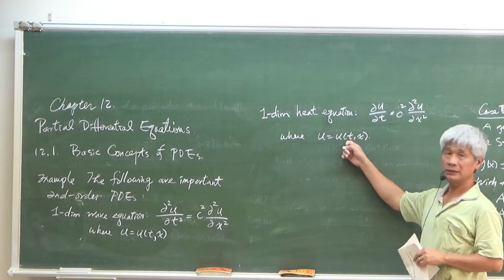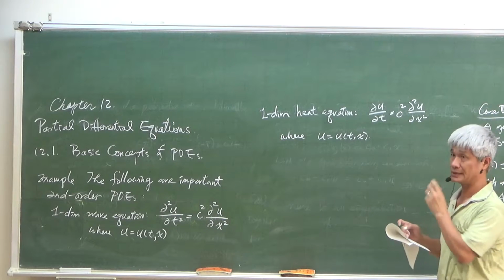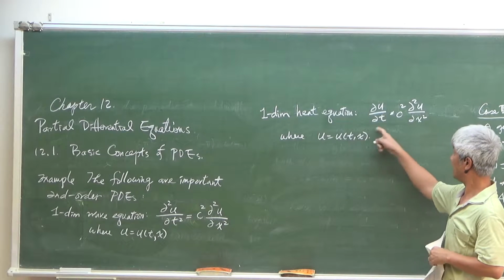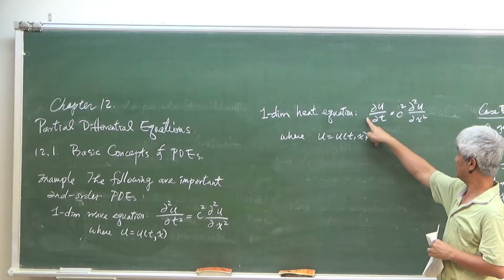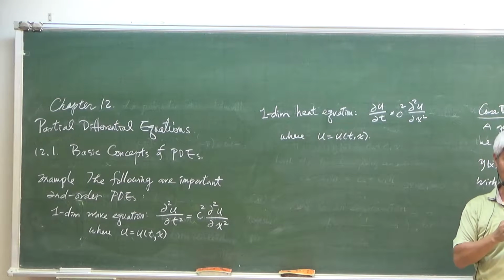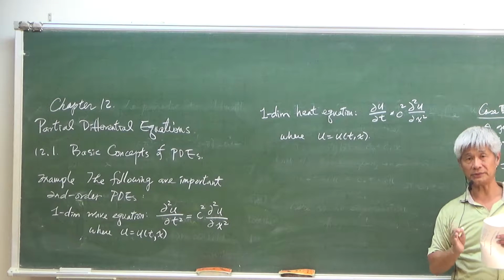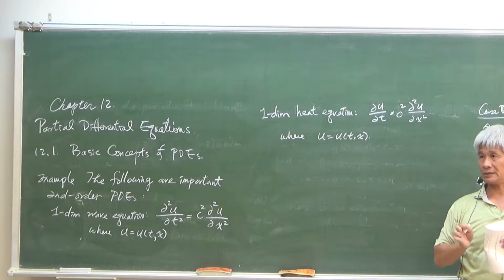One is the time variable, the other is the space variable x. The left-hand side involves the first partial derivative with respect to t, but the right-hand side involves the second partial derivative of u with respect to x.